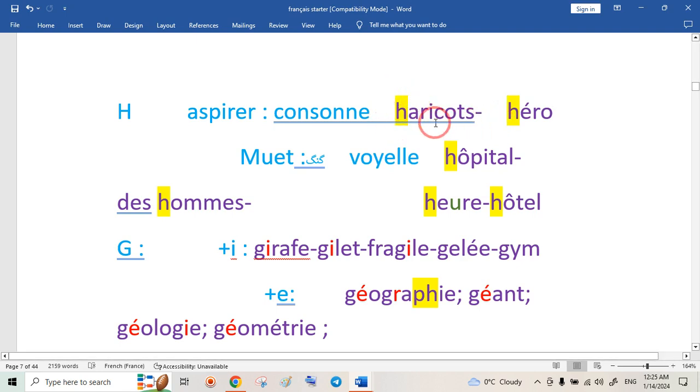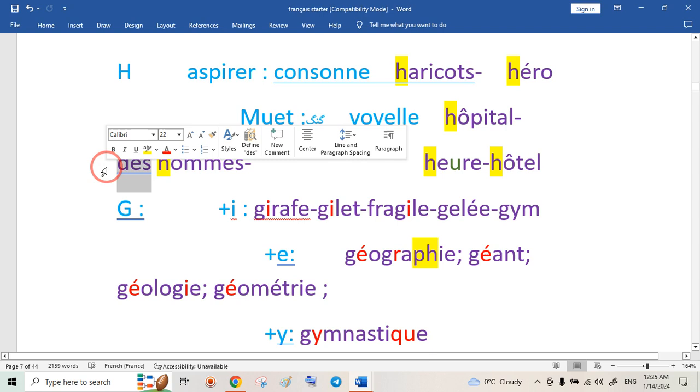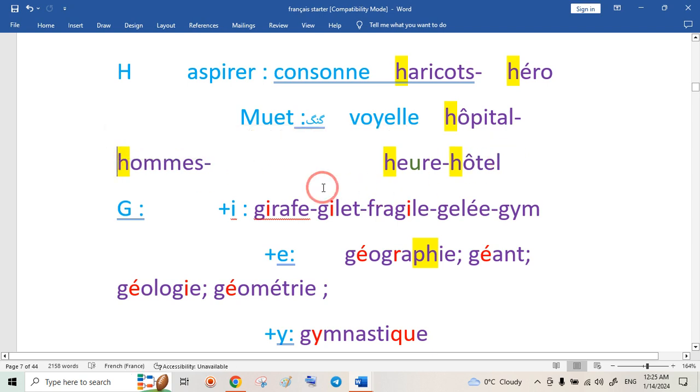We cannot say des haricots, we cannot say des héros. But hôpital, homme, heure, hôtel, and other words starting with H have H muet, and you can do the liaison. Des hommes, des heures, des hôtels, as I told you.